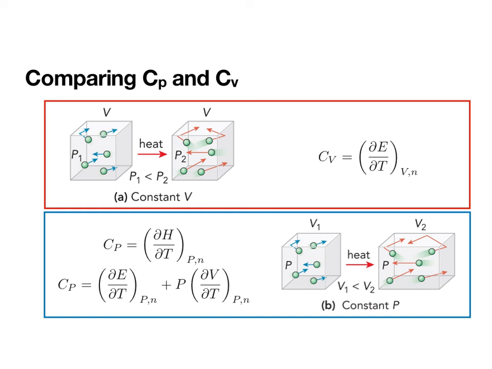Whereas if we allow the volume to change, CP is the partial of H with respect to T, and we can, with some work, eventually show, your book does this derivation, we're not going to do it, that CP is equal to the partial of the energy with respect to temperature plus this PdV term. This is basically work.